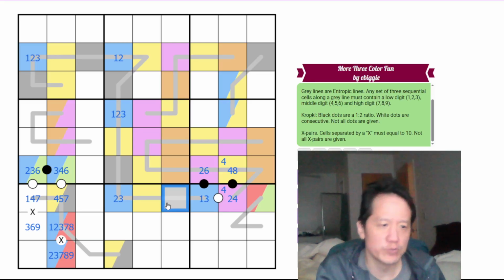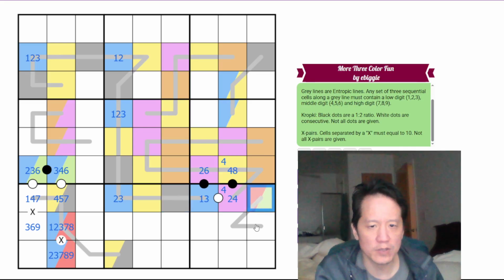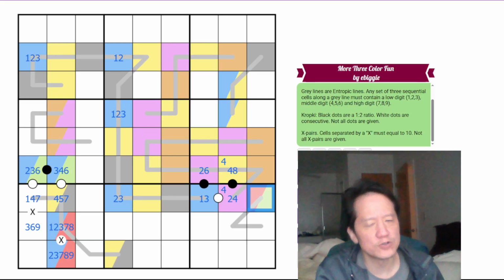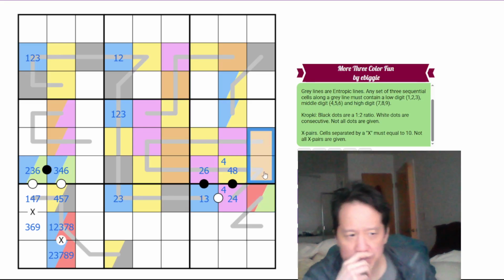And the orange would be low. So this couldn't be low. So in that scenario, this would be low because the... Hold up. That's not true. The orange would be low if that were the case.